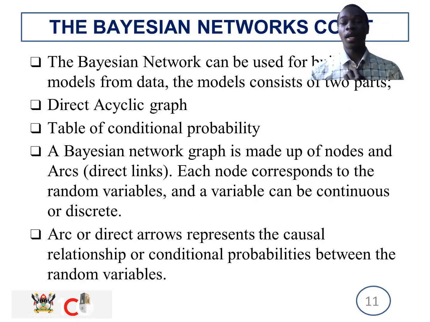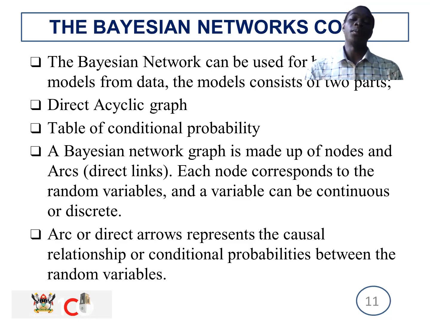The Bayesian network can be used to learn from data. The model consists of two parts: the directed acyclic graph and the table of conditional probabilities. The Bayesian network graph is made up of nodes and arcs. The arcs are the directed links which move from one node to another, and each node corresponds to a random variable. And the variable can be continuous or discrete.